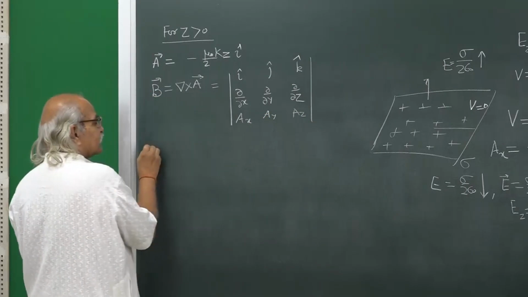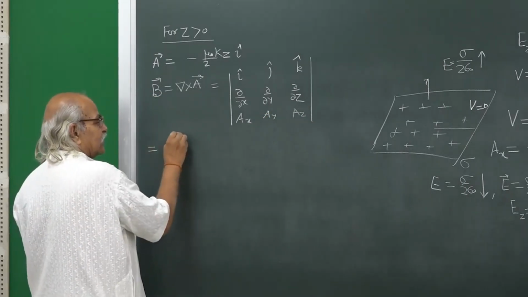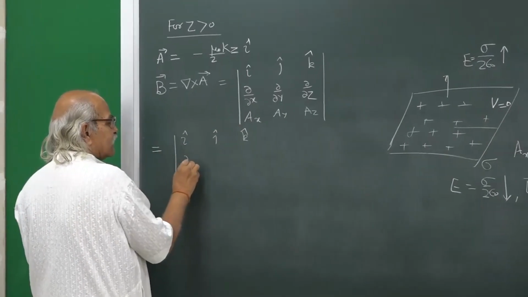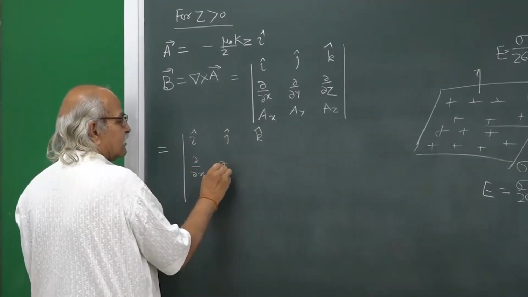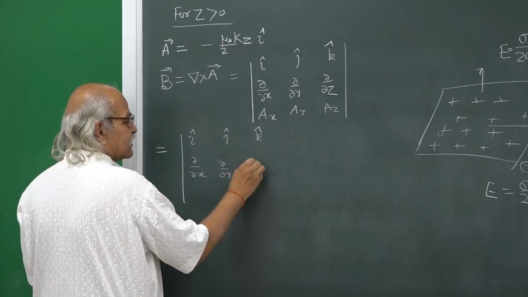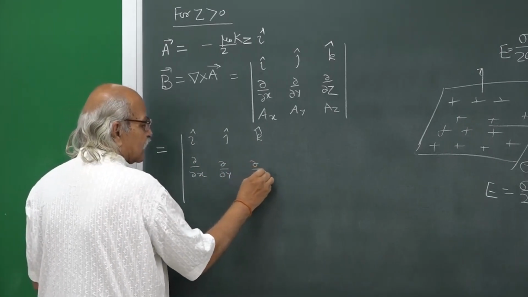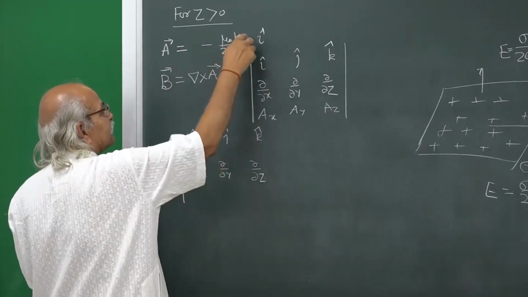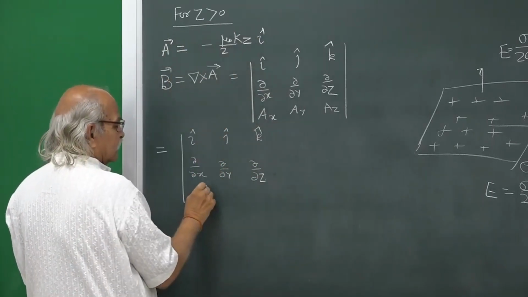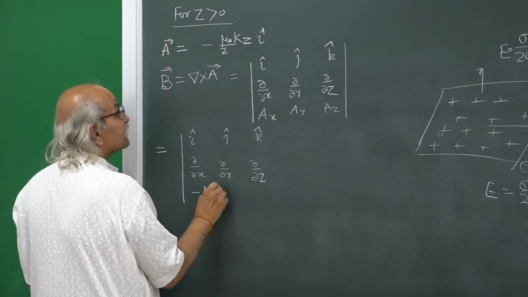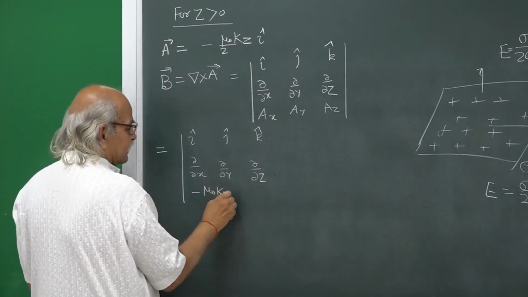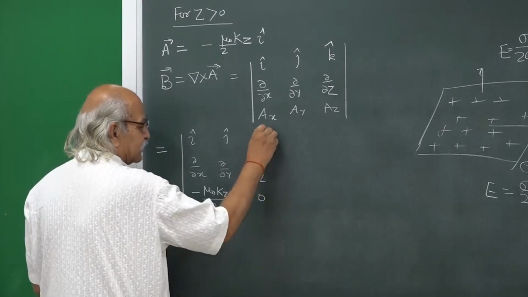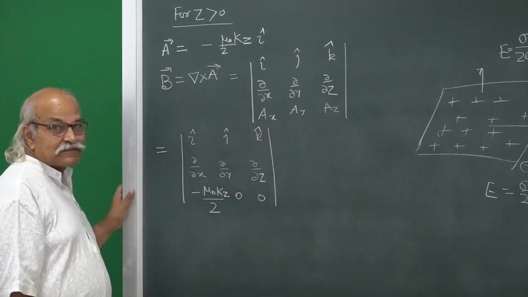And in our case, this is i cap, j cap, k cap, del x, del y and del z, and then the x component of A is here, minus mu naught k z by 2, and then the y component and then the z component.